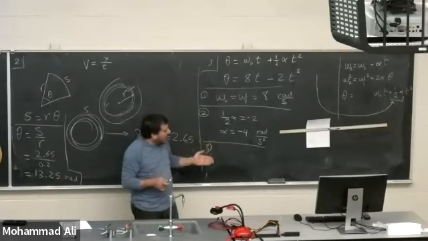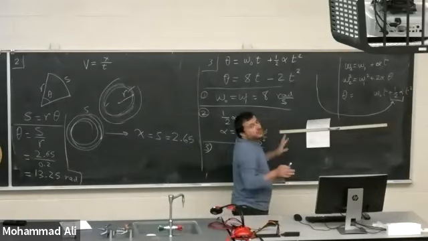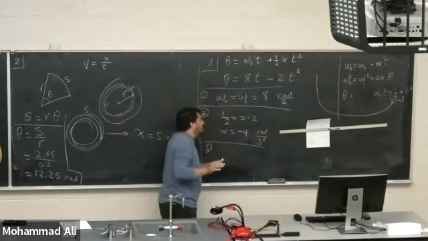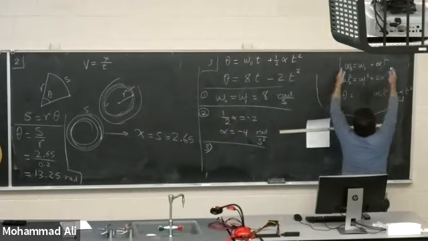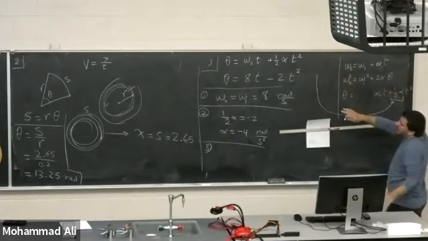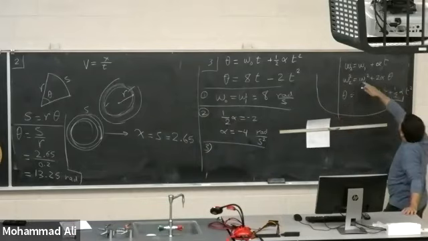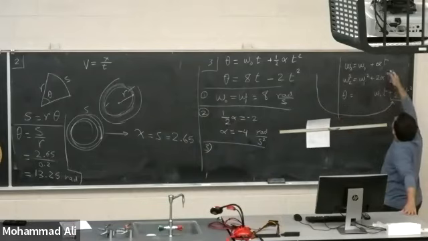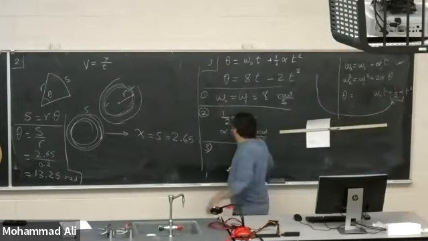Now we need to find the time when the rotation stops. So you can use one of these. Now we have the acceleration, we have omega 1. We need to find the time, so we can use the first one, just as what we did in linear motion.